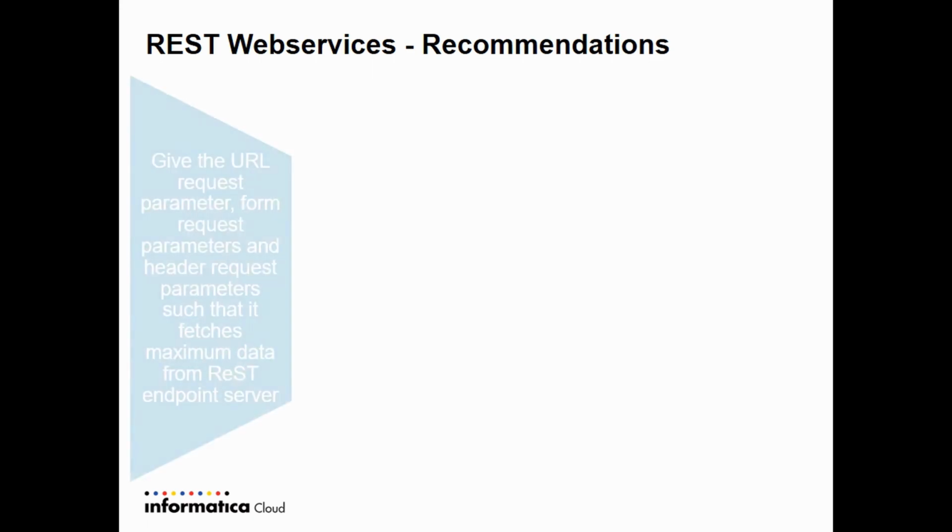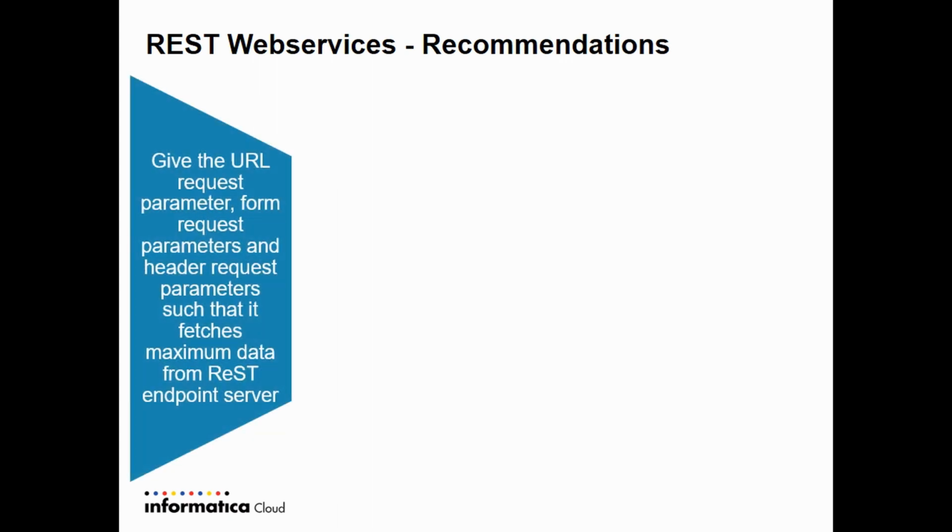It is recommended to give the URL request parameters, form request parameters, and header request parameters such that it fetches maximum data from the REST endpoint server. This allows the connector to analyze and store more metadata.